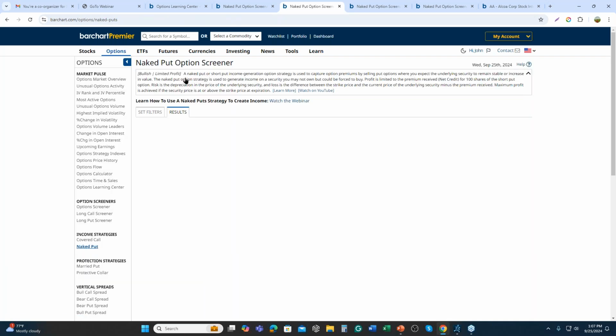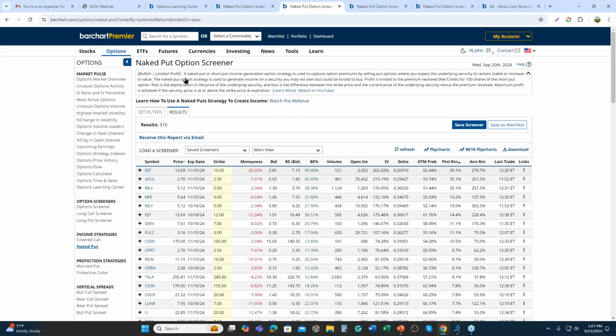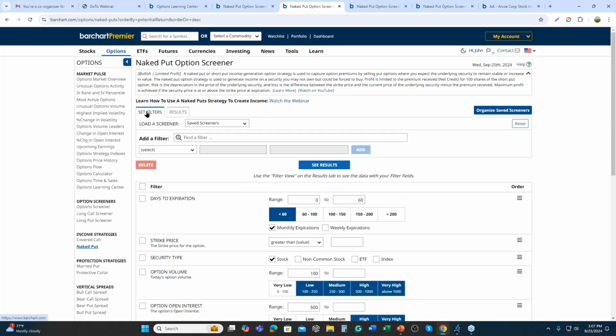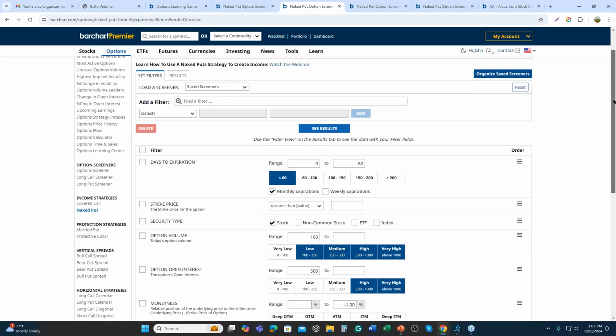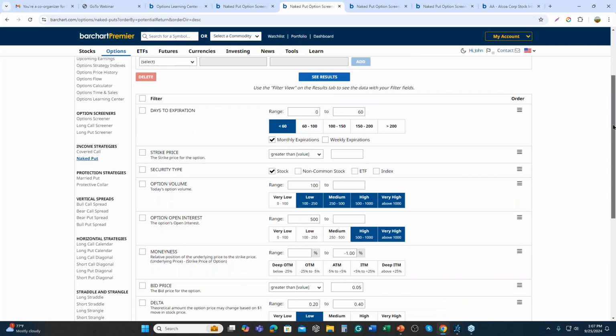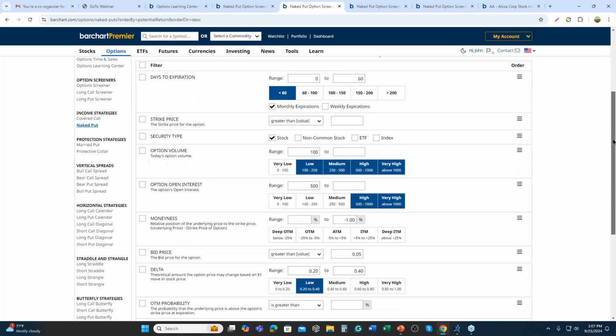All right, so the naked put screener screens across markets and looks for candidates based on some predetermined inputs, or as we call them, filters. These range from days to expiration to out of the money probability.